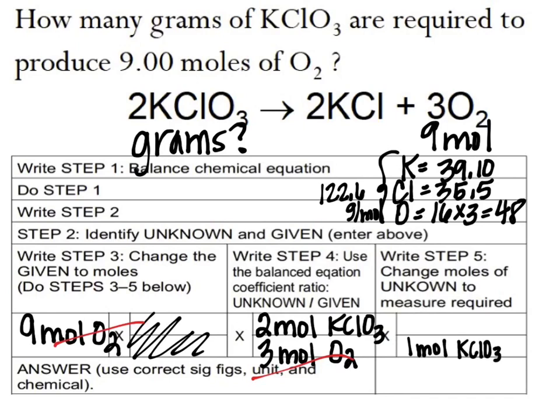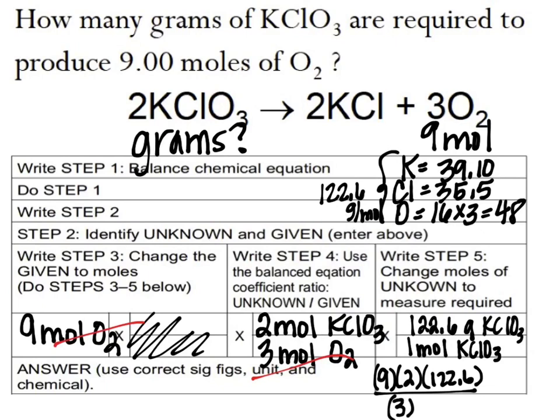So we have 1 mole of KClO3 up here, moles of KClO3, so that now goes down here. And when we're talking about molar mass, it's always in 1 mole. And on top is the grams, 122.6 grams. So now we multiply everything on top. So 9 times 2 times 122.6. And divide that by 3 times 1.